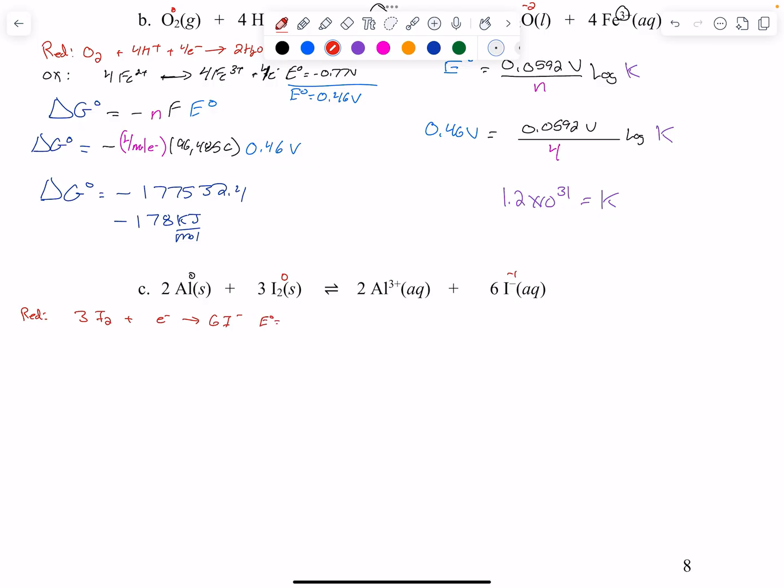If you look this up, it's written like this, and we have 6 electrons in the aluminum, so we have to multiply everything by 3. So this becomes 3, this becomes 6, and this becomes 6. But E standard is the same, 0.54 volts.